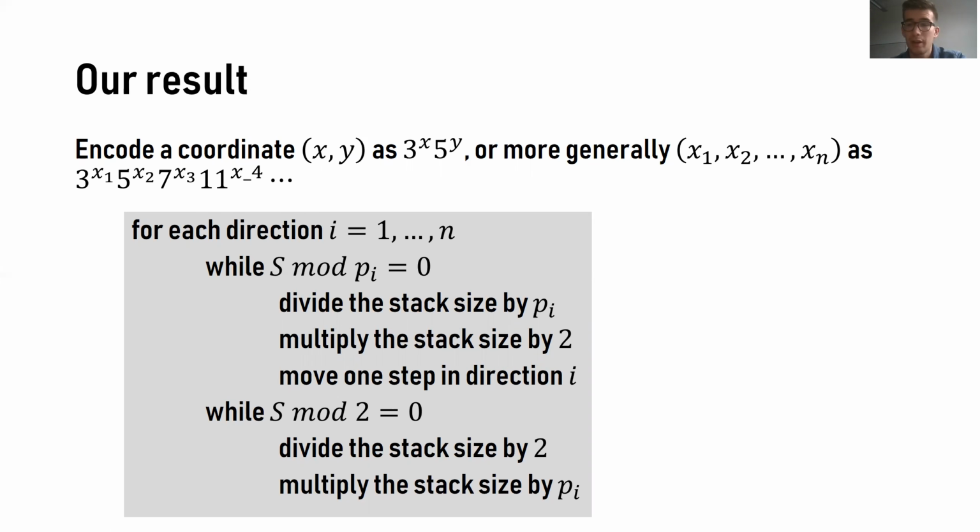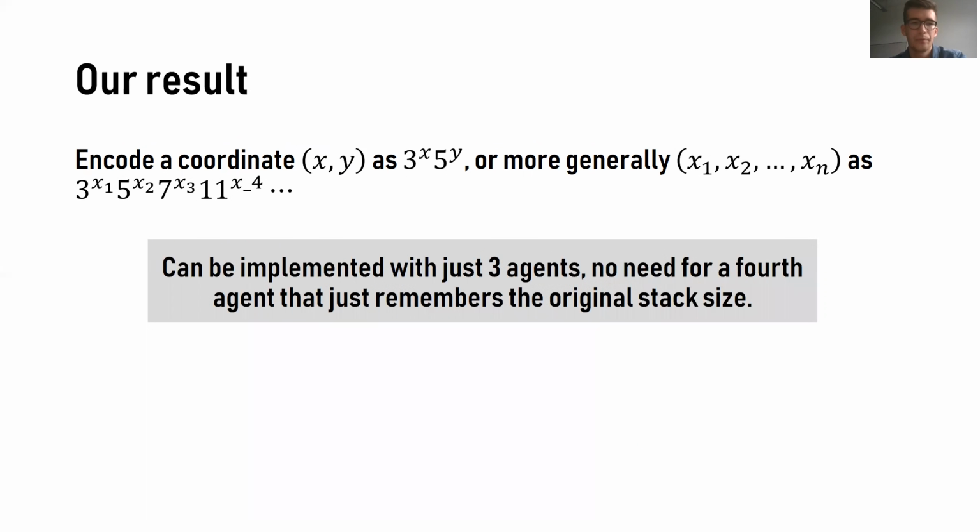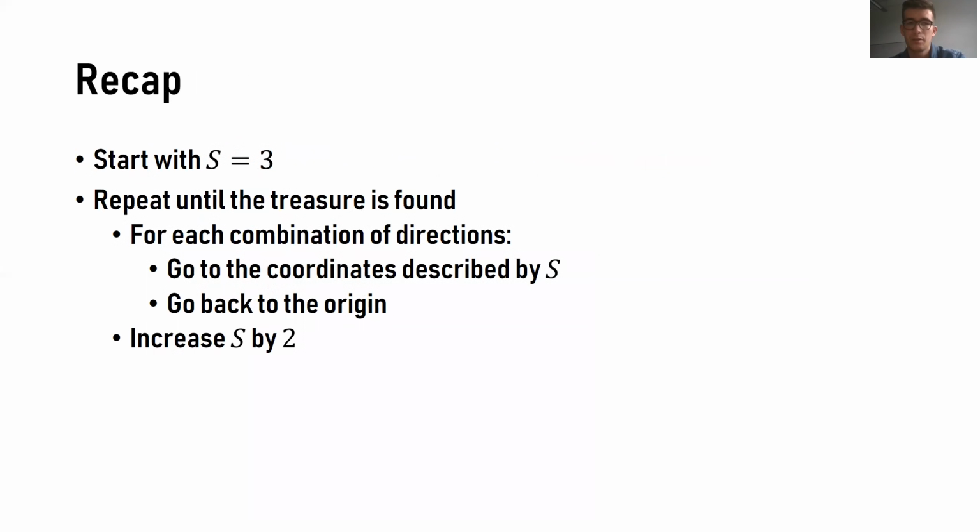If there are no more 3 factors left, we know that they were all replaced by 2 factors. So we can just revert this whole process without any movement, and then move on to the next direction. Now, the nice thing about this is that we do not need this 4th agent to keep track. And this allows us to do the whole thing with just 3 agents.